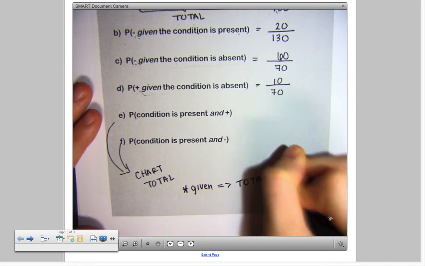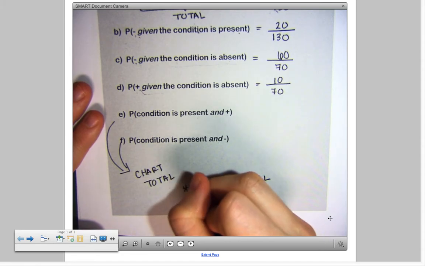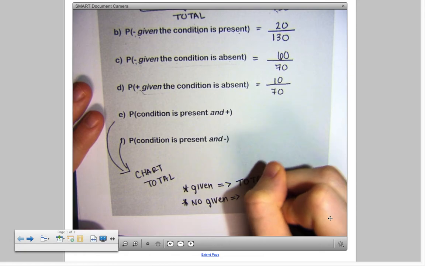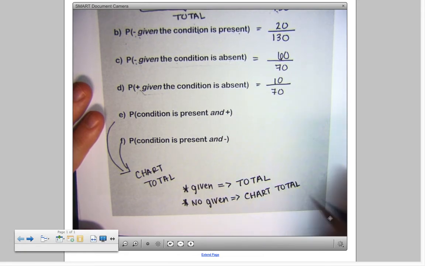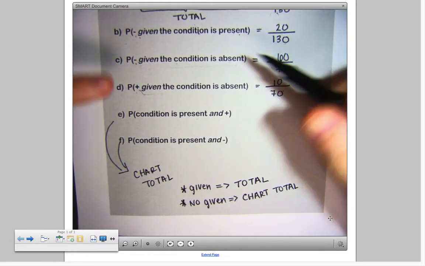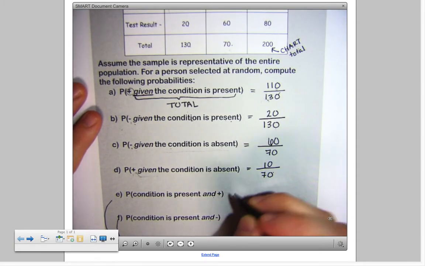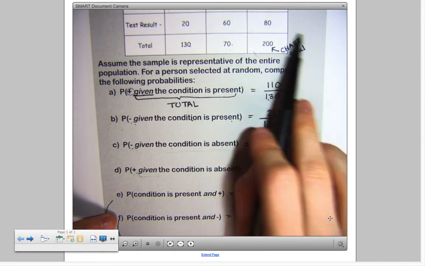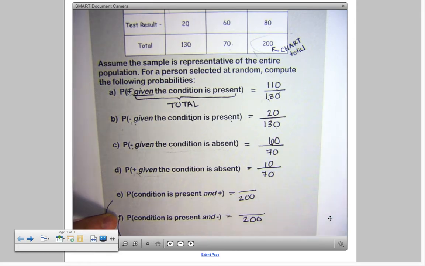So whatever you're given tells you your total or your denominator. If you have no given, then you use the chart total. Okay, so given, our totals are different. Down here, there's no given, so we're going to use the chart. So I'm just going to go ahead and fill in my denominators for both of these. So if we look down here, the chart total is 200, so both of them are going to have a denominator of 200.